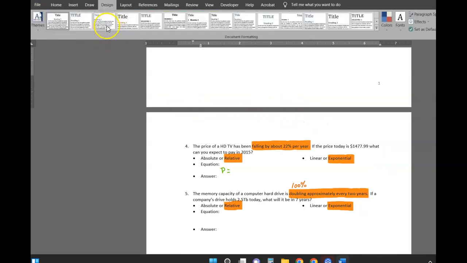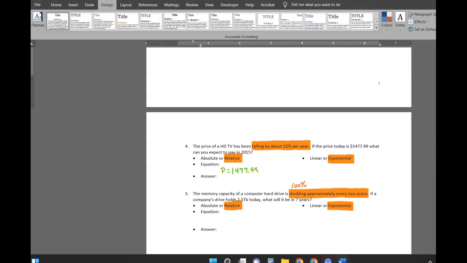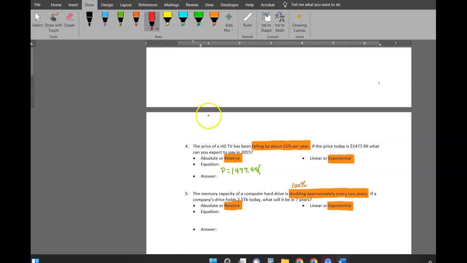So the initial price was $1477.99 times 1 minus 0.220, so that's 22%. So that's 0.22. Raised to, we're doing this every year, because it's talking about the year, so raised to the y power.